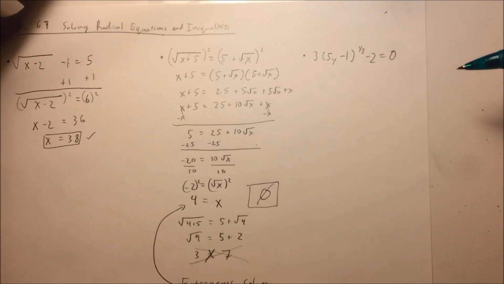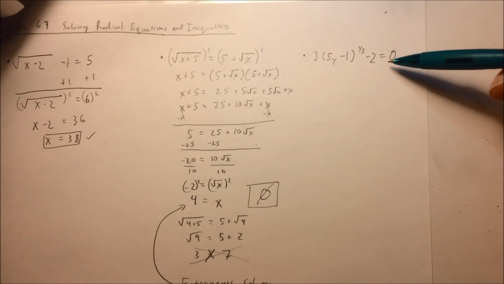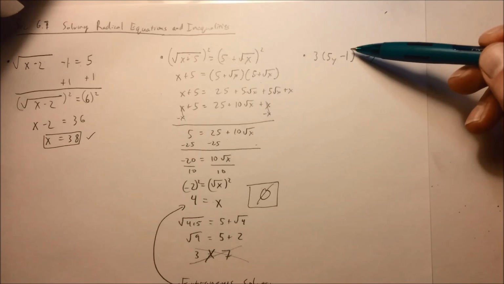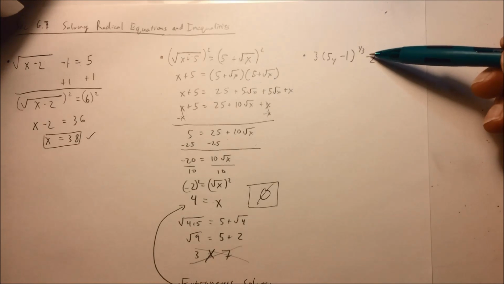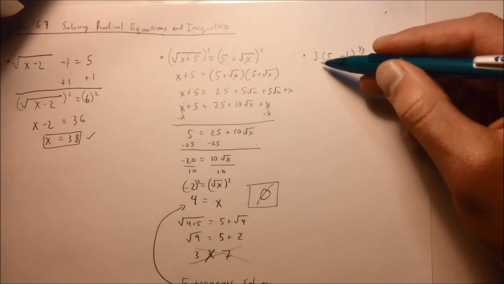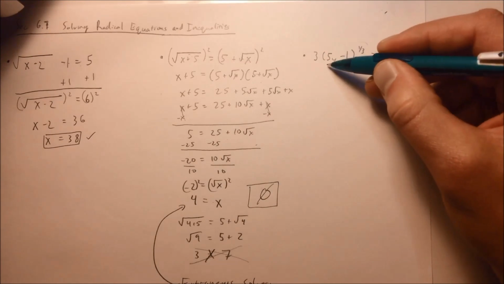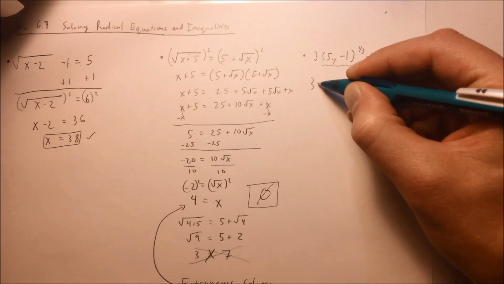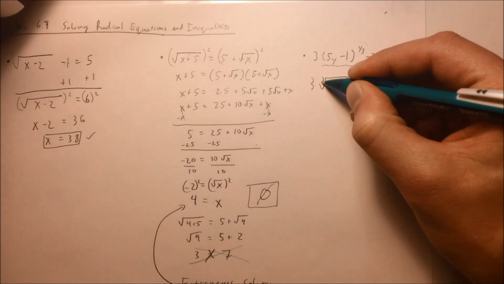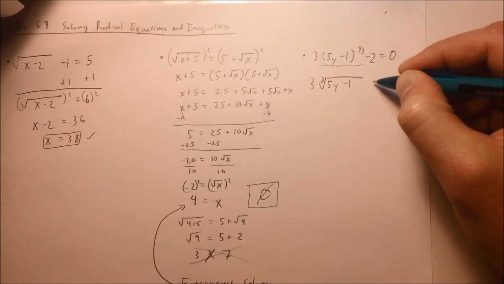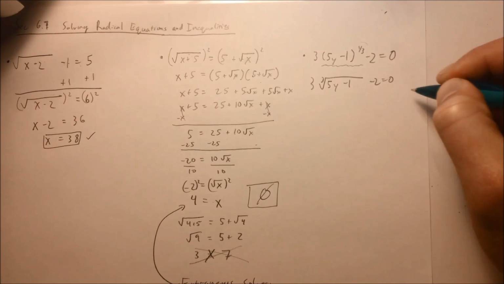Next one right over here. Going to have 3 times the square root of 5y minus 1. Not square root, the third root, minus 2 is equal to 0. So I'm going to rewrite this right here as 3 times the cubic root of 5y minus 1 minus 2 equals 0.